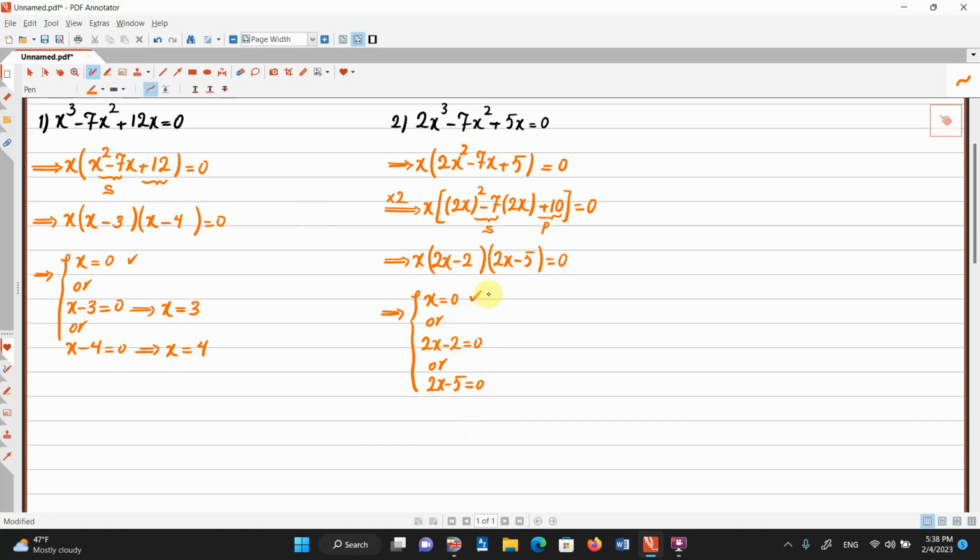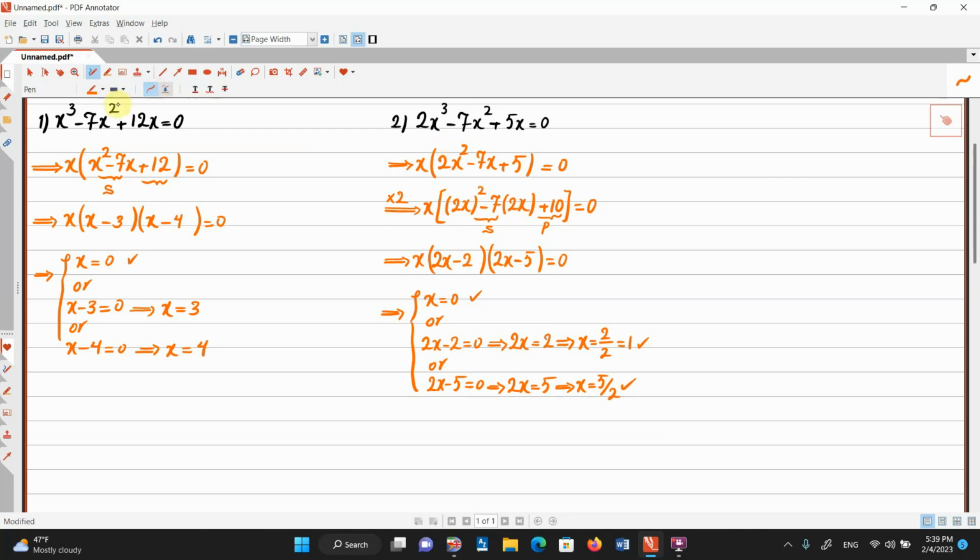This one is a solution because x is alone, and solving the second one will result in 2x equals 2, and finally x equals 2 over 2, which is 1. And solving the third one will result in 2x equals 5, and finally x will be 5 over 2. And these are the solutions of this cubic equation.